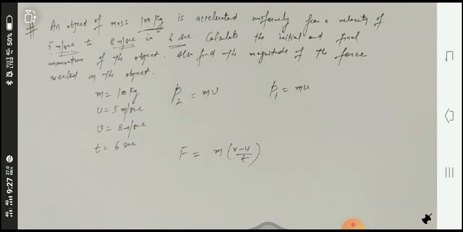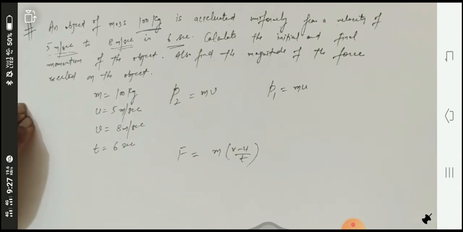Force is 50 Newton. Okay. What about momentum? P1 and P2? Momentum 800 kilogram meter per second.